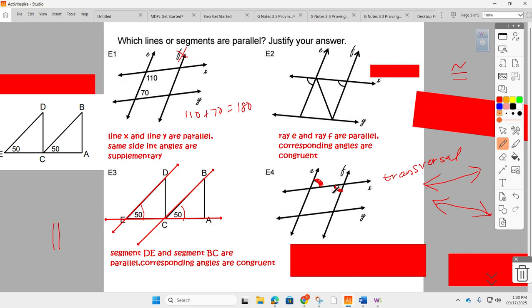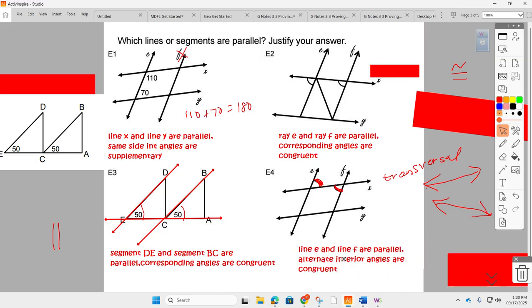What's the relationship if these lines are parallel? They'd be congruent. And since they are congruent, now we can say that line E is parallel to line F. Alternate interior angles are congruent.